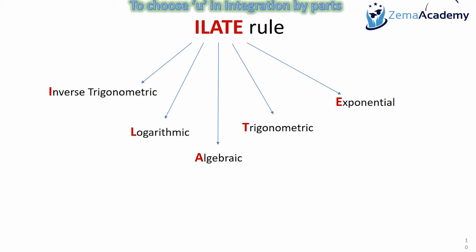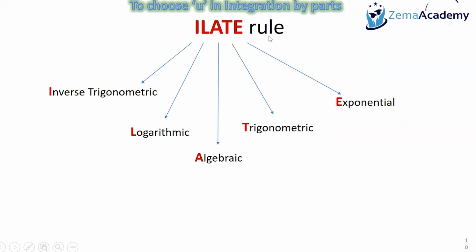ILATE is an abbreviation: I is for inverse trigonometric functions. L is for logarithmic functions. A is for algebraic functions, which are polynomial, linear, quadratic. T is for trigonometric functions, and E stands for exponential functions.